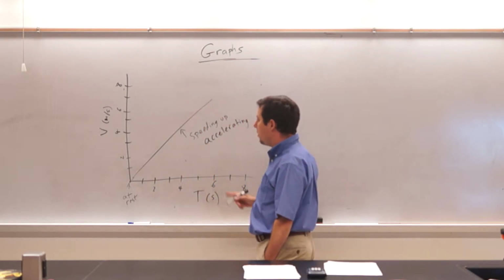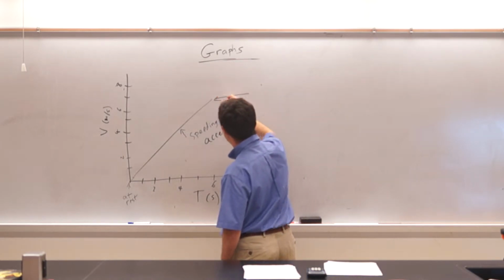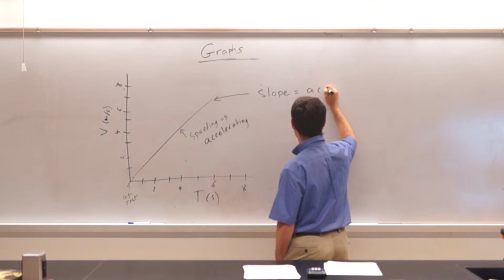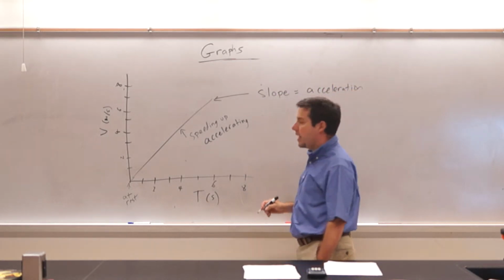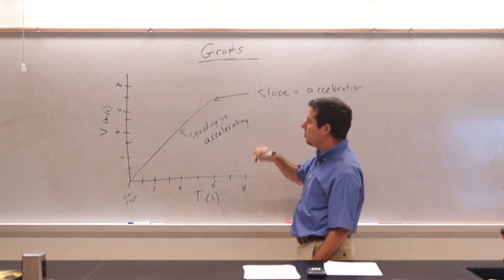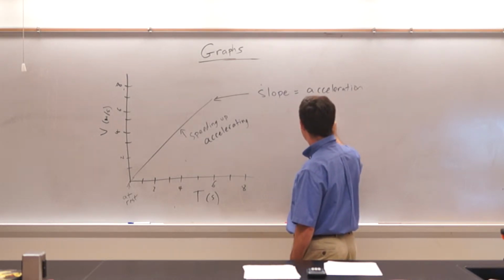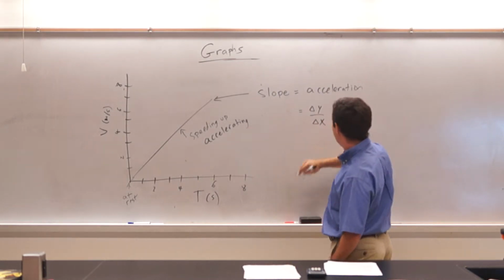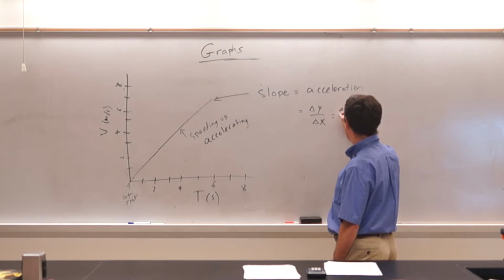A couple things we know about a velocity time graph. The slope of this line is your acceleration. And if you look at it in terms of delta y divided by delta x, it's the exact same thing. The slope is rise over run, so change in y divided by change in x. Change in y is velocity, or change in velocity in this case.